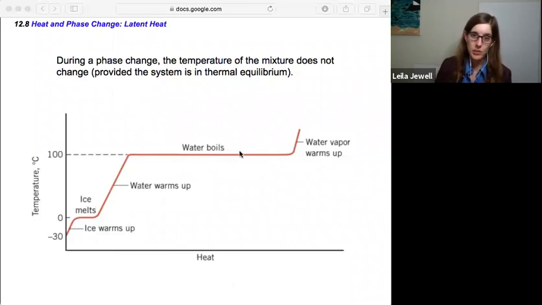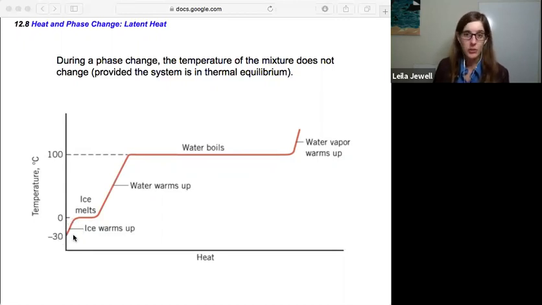If we start decreasing the heat, the water can cool down until it becomes ice. Once you get ice forming, it's all at 0 degrees Celsius. There's no temperature change. But once it's all frozen, you can actually cool your ice further below 0 degrees Celsius.